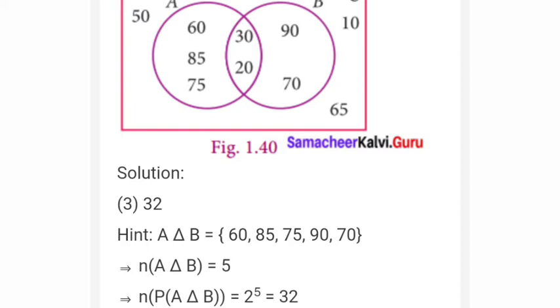Therefore n of A equals 5. The number of subsets formula is 2 power n. So 2 power 5 means we write 2 five times: 2 times 2 times 2 times 2 times 2, which equals 32. Therefore the option is 3. The answer is 32.